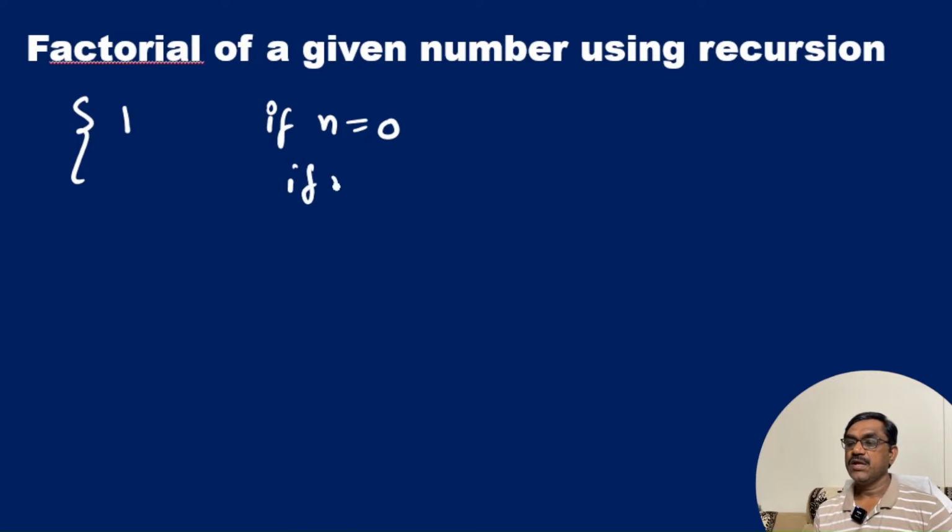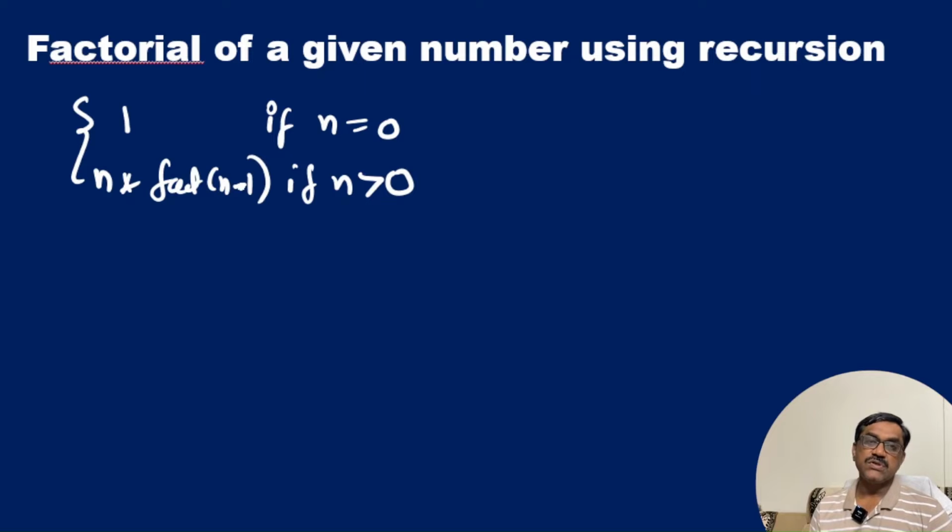If n is greater than 0, then we are going to write it as n into fact of n minus 1. What is fact? I am going to use the user defined function fact, which is going to find out the factorial. So, these are the two important conditions to find out the factorial of a given number.